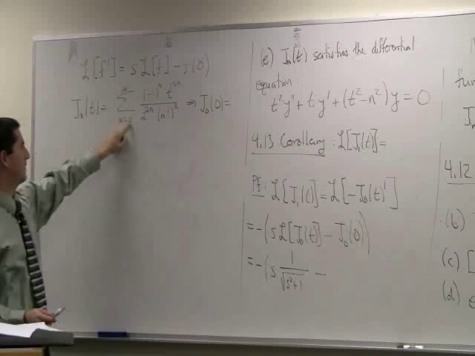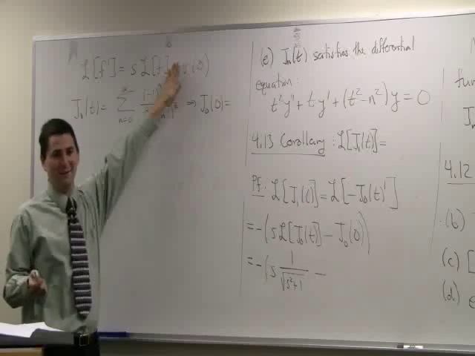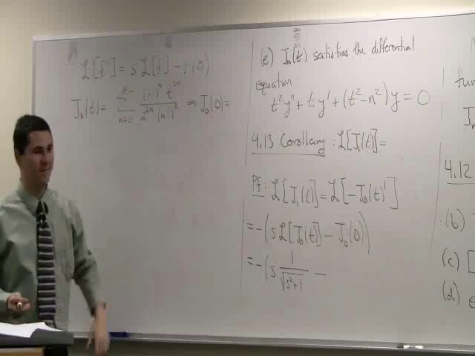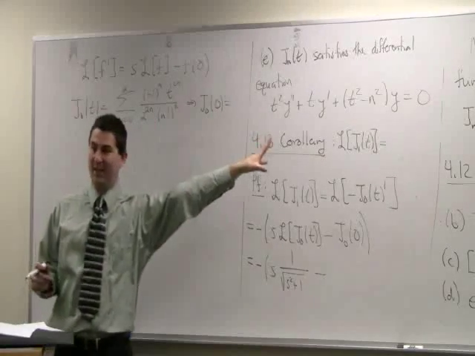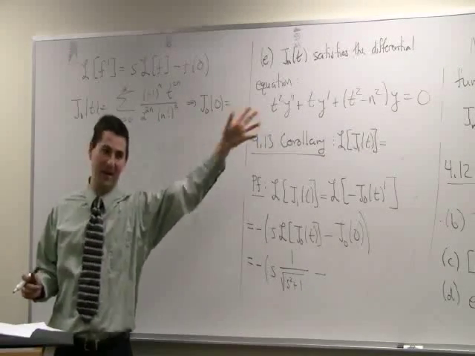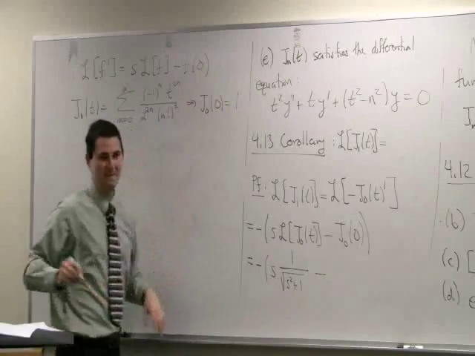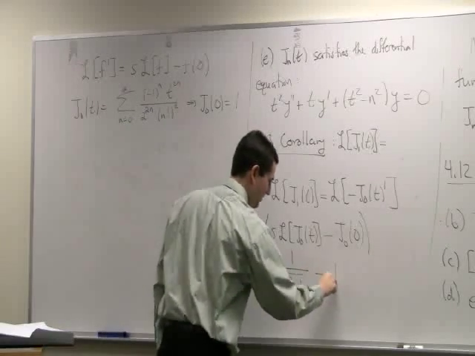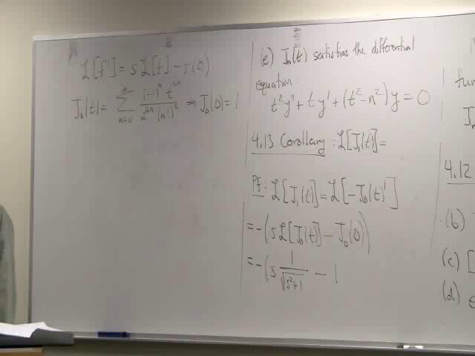But the very first term here is when n is 0. You get t to the 0, which is 1. You can't plug 0 in for t in that case. In that case, everything is 1. So it goes 1 minus, and then a bunch of stuff with t's in it. The t's all die, so you end up with a 1. So J0 of 0 is 1. Fooled you.